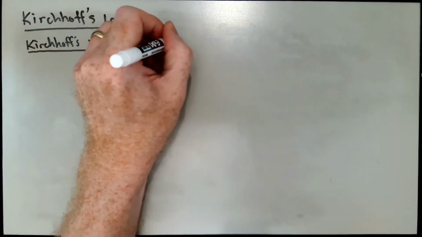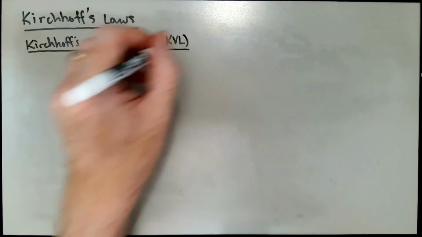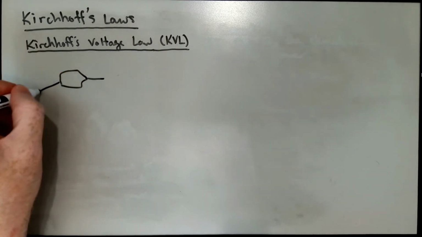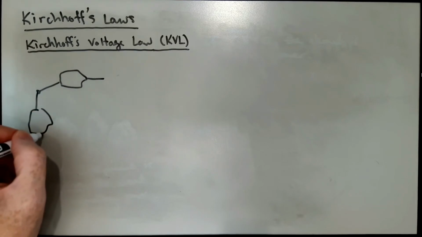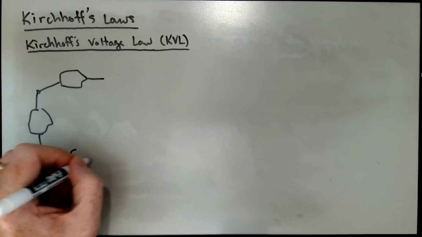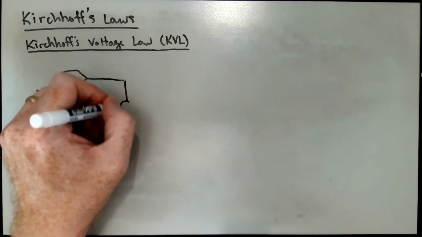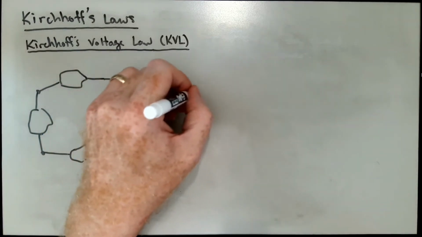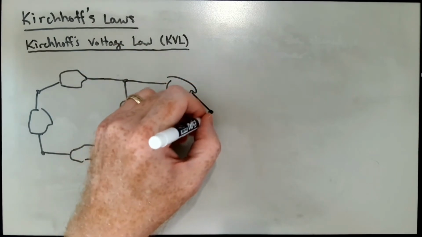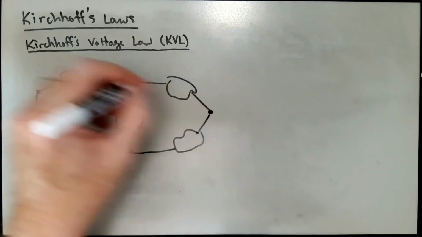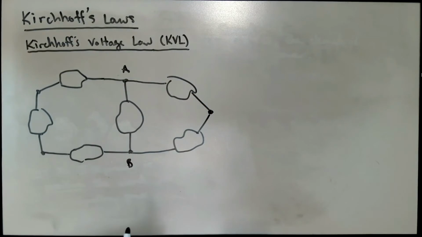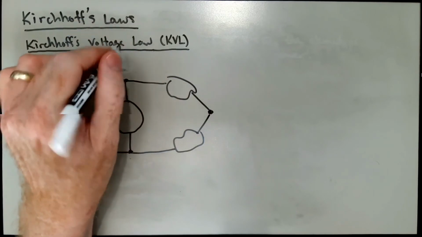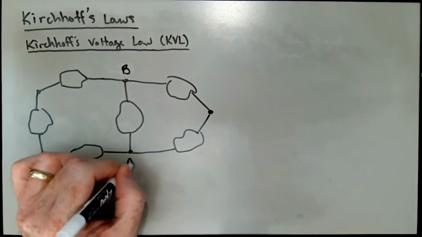Which I will be denoting hereinafter by KVL, says that if I have some circuit elements, doesn't really even matter what they are, and I've got 2 points in the circuit, let's say A and B, or maybe B. Let's put B up here, A down here.